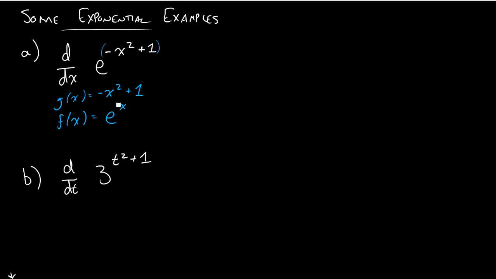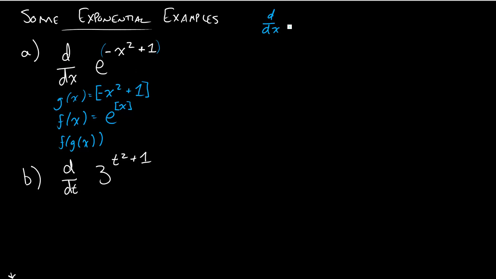And so remember the idea here is that if I do f of g of x, I'm going to get this thing up here. So if I take the input of f and replace it with all of g of x, I get what I started with. And that's what we want to be able to do. And so remember what the chain rule tells us.